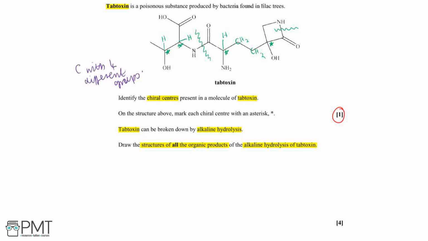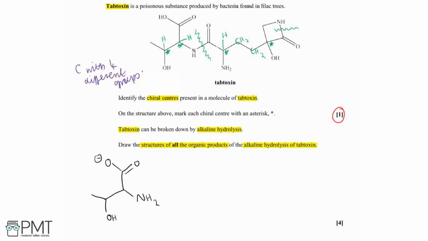So let's start now to draw out the structures of our products. I'm just going to draw them out in skeletal form, as we were shown in this question already, to make it a bit easier. So we've got a group here, and what we've formed is going to be a negative ion up here.